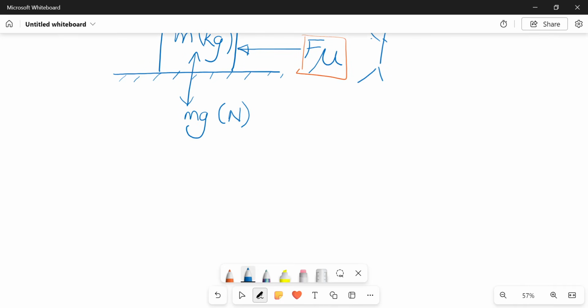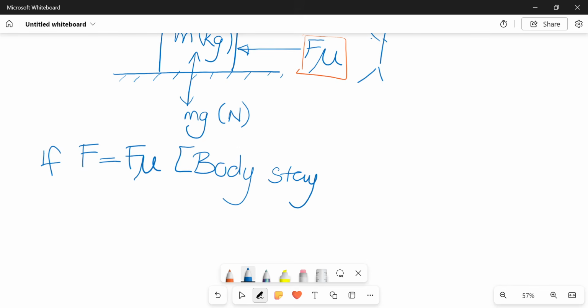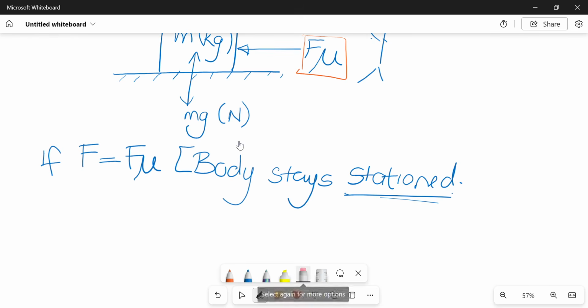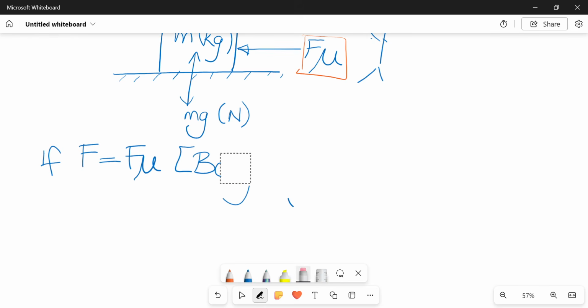Okay, so what we're saying is if your force is equal to your frictional resistance, then your body stays the same. Your body will stay stationary or will stay the same. Okay, so your body will remain in one single place.